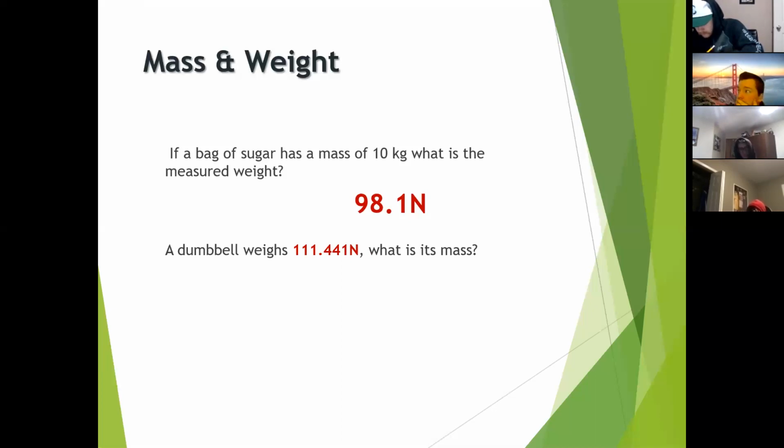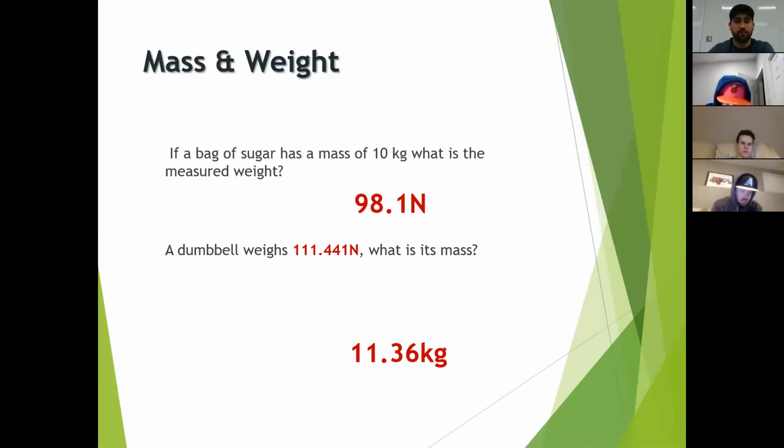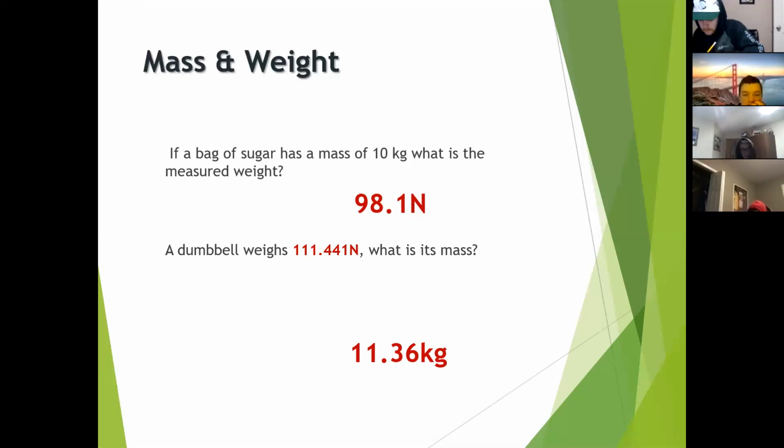What do you get? Yeah, nice. 11.36 kilograms. Good work. Any questions on how we went about those answers? Cross multiply and divide. Yep, that's it. Good.